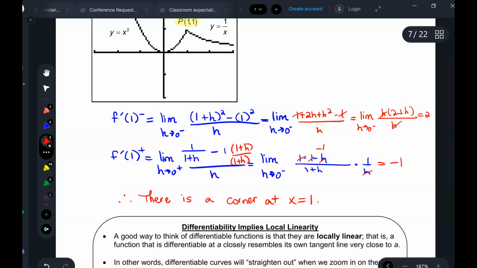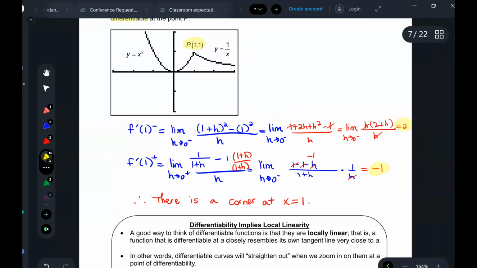So we showed that the two slopes differ, and you can kind of see that geometrically. Take your tangent line from the right; that looks like a slope of 2. You also want to confirm, according to the graph, whether that looks about right. From the left, yeah, that looks like a negative 1 slope. We can see right away that when you have a positive and a negative slope, you're not going to have a derivative there, but this is how we would verify it.